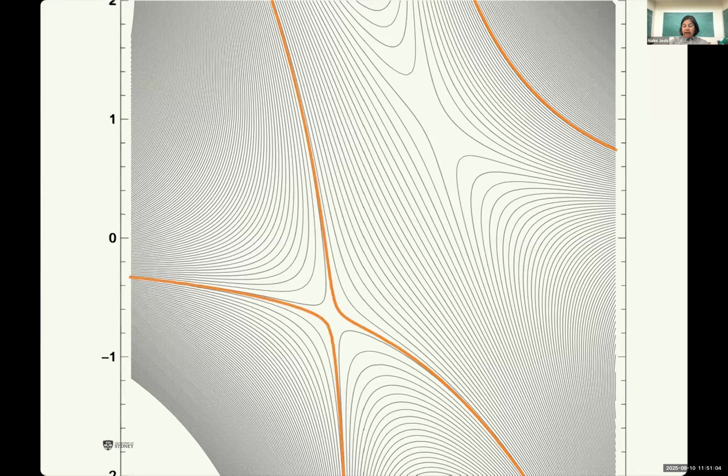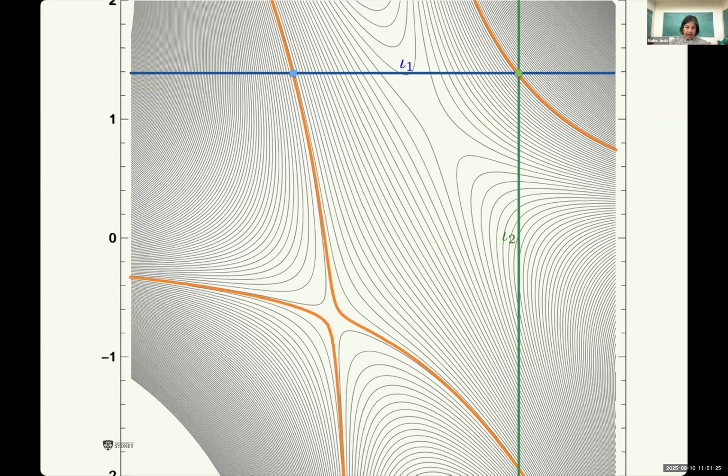If you outline one such elliptic curve in orange, and then take a horizontal line through the curve, that gives you a mapping from one point to another, often labeled by the Greek symbol iota 1, let's say. And then you take a vertical line through that image point, then you get iota 2. The composition of those two maps is what gives you a QRT map.